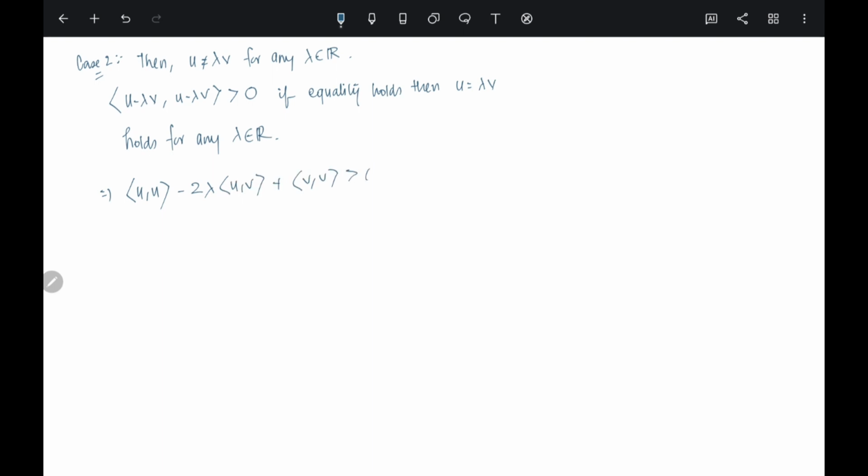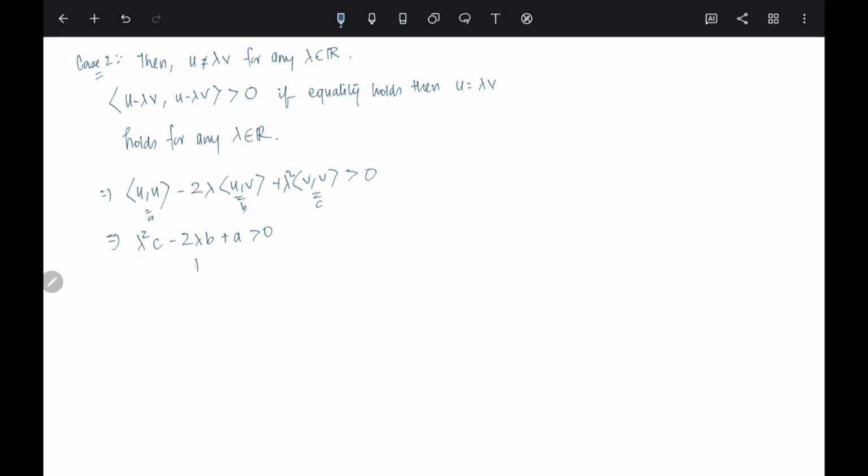This is what we are going to get, which is strictly positive, right? Sorry, there is a lambda square here. Now you think of this as A, this as B, and this as C. So you have this relation: lambda square C minus 2 lambda B plus A is strictly positive.